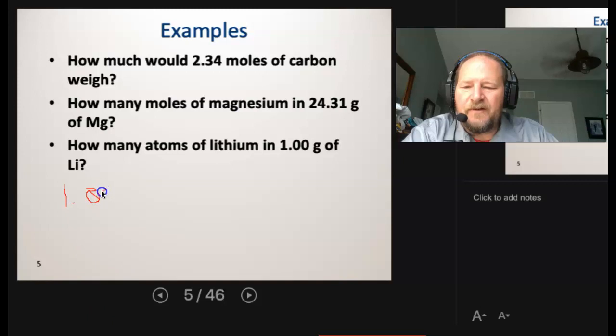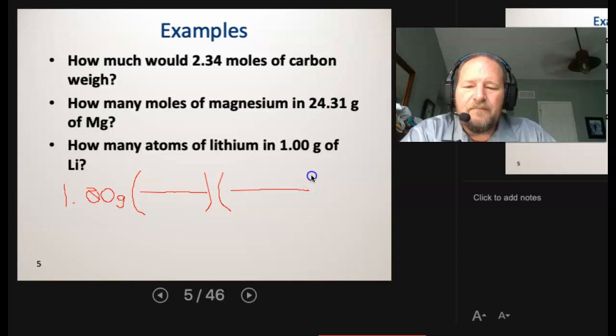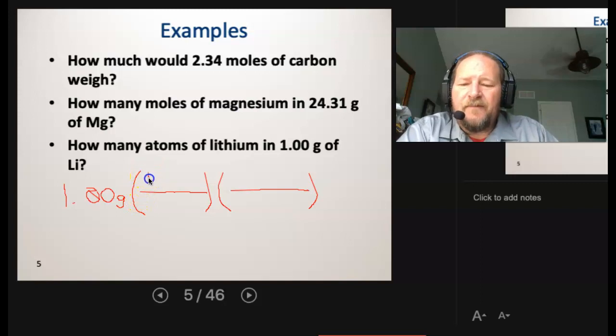We're going to start with that 1 gram, and the only way to get to atoms is to go through the mole. So we're going to start with the 1 gram of lithium. We're first going to convert that to moles, and then we're going to convert those moles into atoms. So first we'll do moles, so we'll put 1 mole on top.